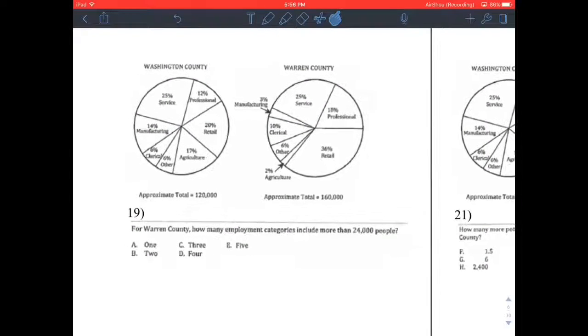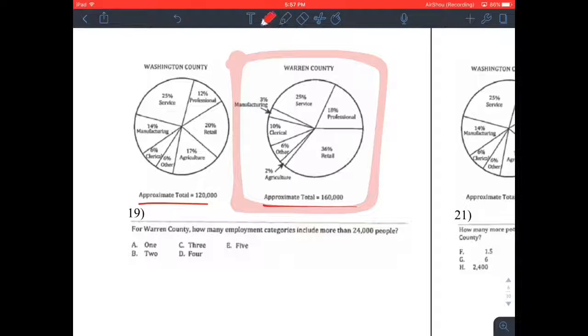Same picture, different question. It's going to highlight the number of people. For Warren County, how many employment categories, so we're just looking at Warren for this, ignoring Washington. How many employment categories include more than 24,000 people?